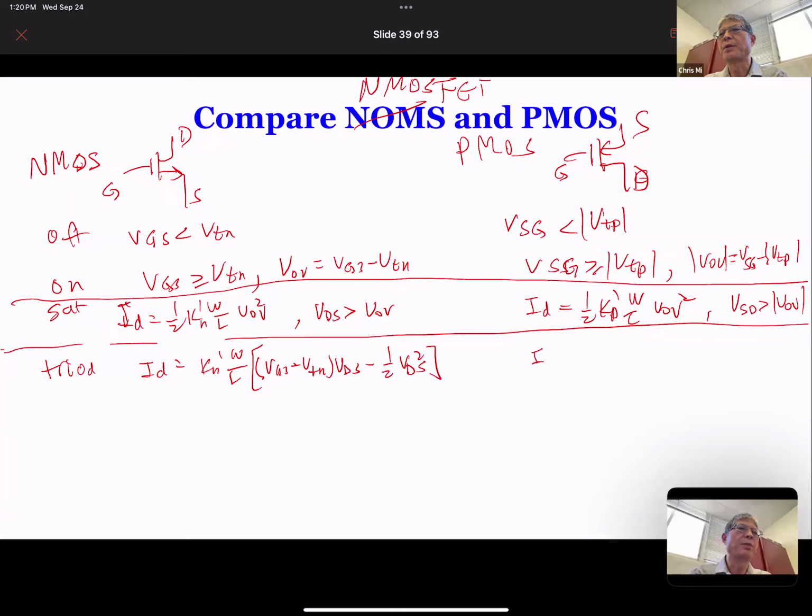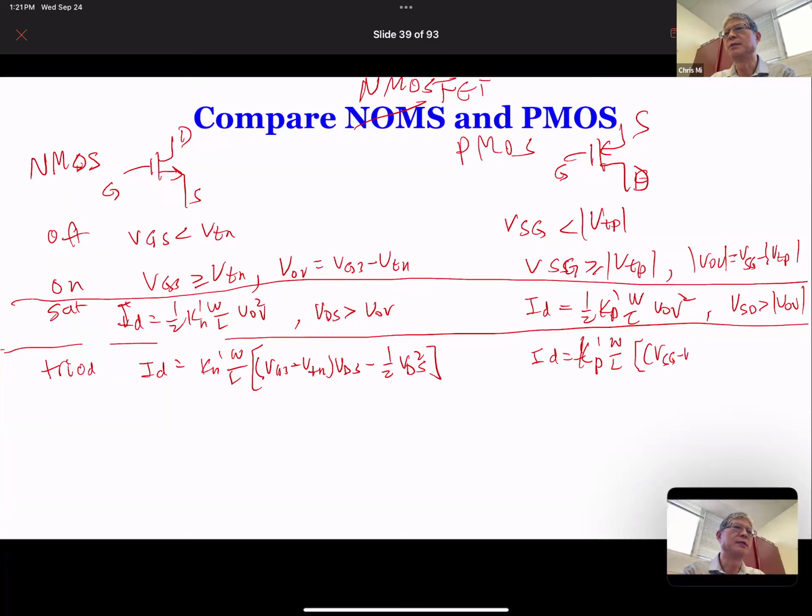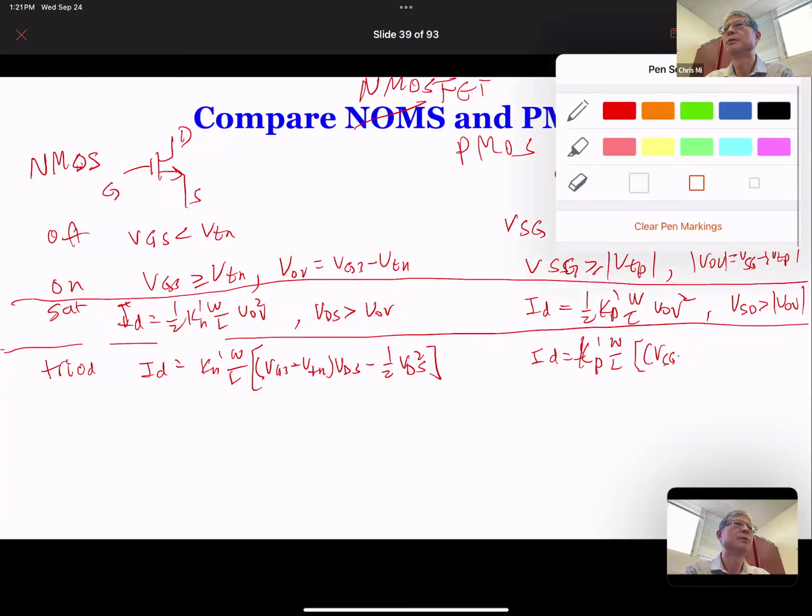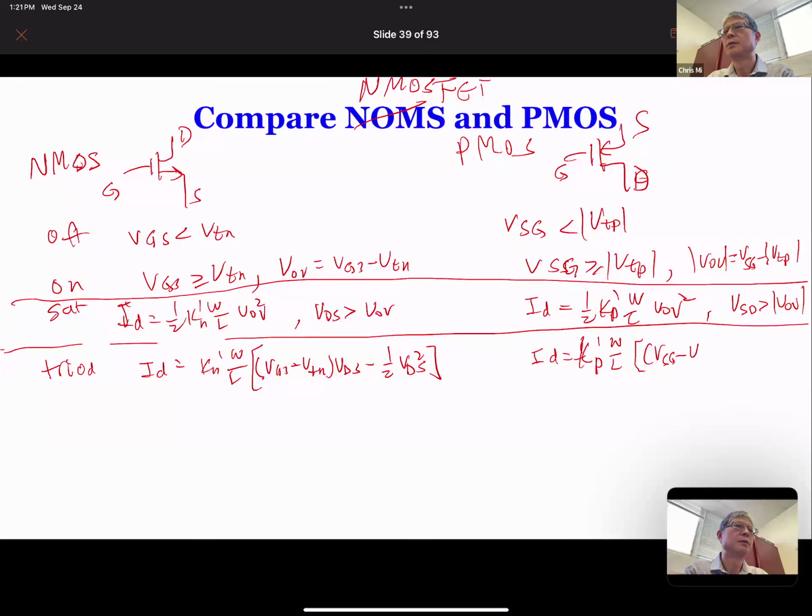And for the PMOS, it's going to be Kp prime W over L times VSG minus the absolute value of VTP, times VSD minus 1/2 VSD squared.